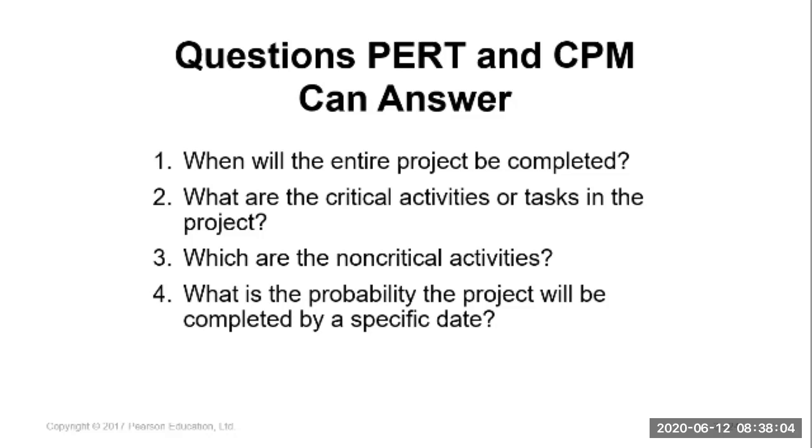If the duration for this activity is 5 days, you have to complete it within 5 days. You cannot delay, because if you delay these critical activities, it will delay your project duration. Let's say the critical activity is 5 days, and your project completion time is 30 days.